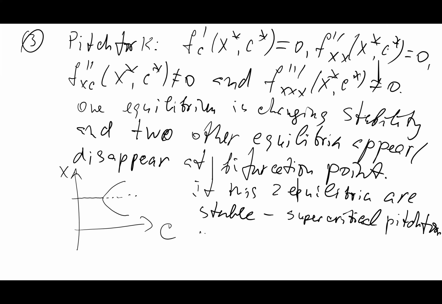Otherwise, if they are unstable, we have subcritical pitchfork. Okay, this is about the three types of bifurcations. Then two more statements. No other local bifurcations exist.